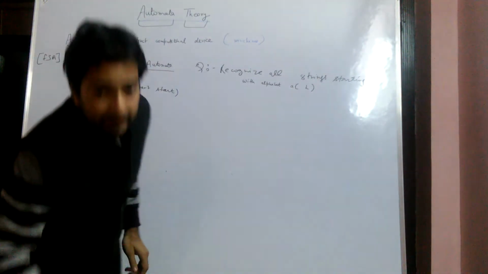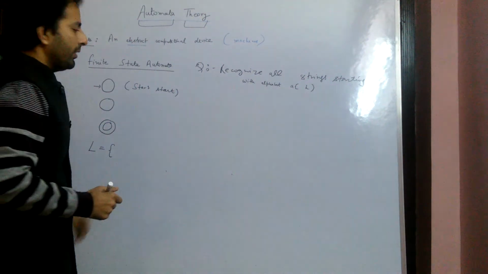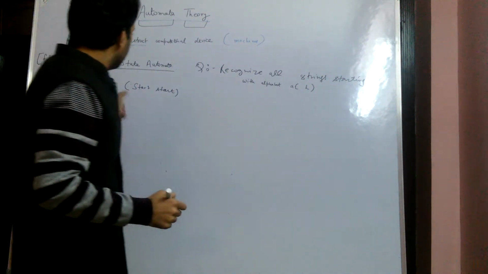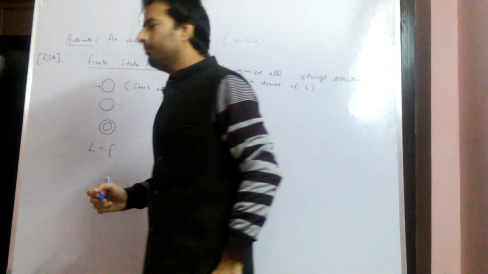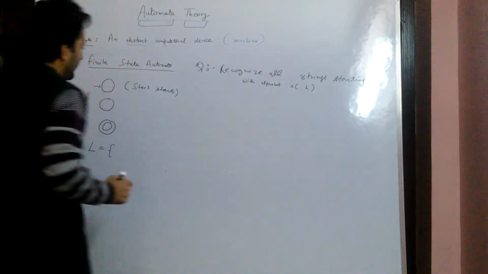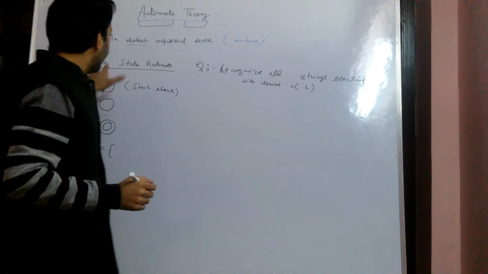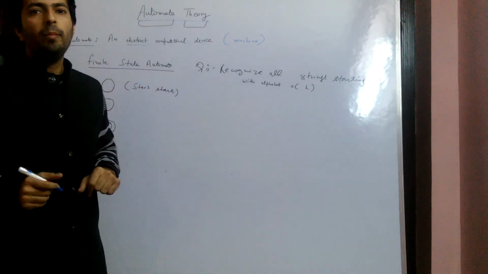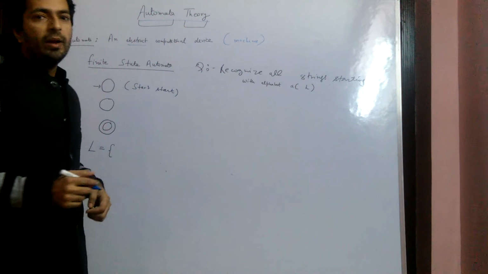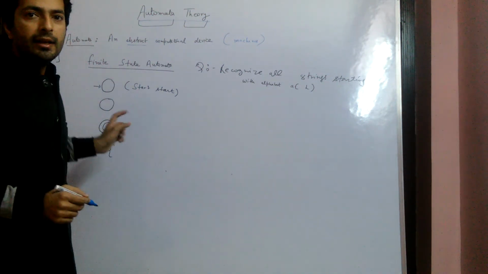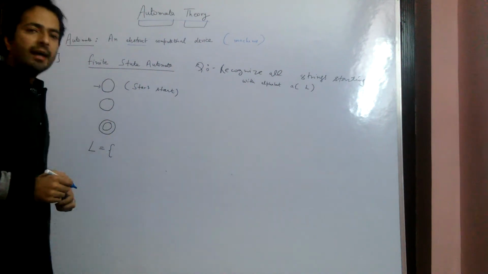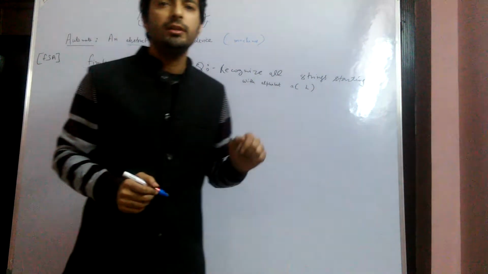If the first alphabet is an A, then you accept that string. Else you reject that string. But rejecting, in the case of the finite state automata, means that we are not going to end up in the accepting state at the end of the string.